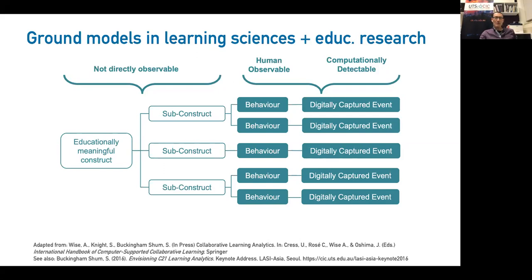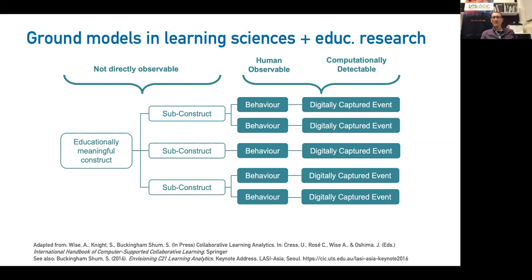But those constructs are intangible and in the minds of the learner. We only know whether they are actually competent by looking at their behavior. Human observable behavior, traditionally, using pens and papers and teacher observation and all the current conventional apparatus of trying to do assessment, formative and summative.